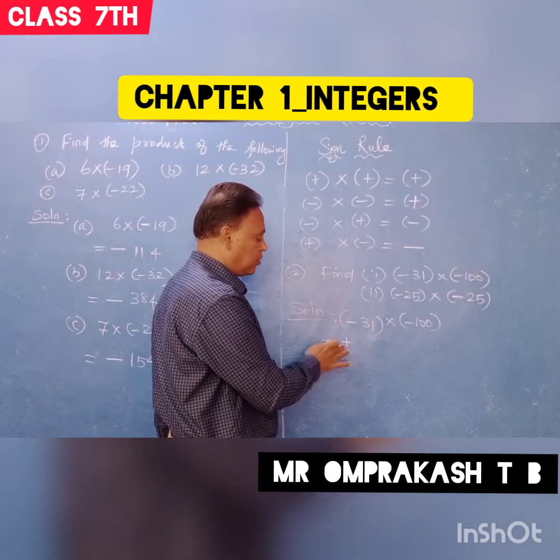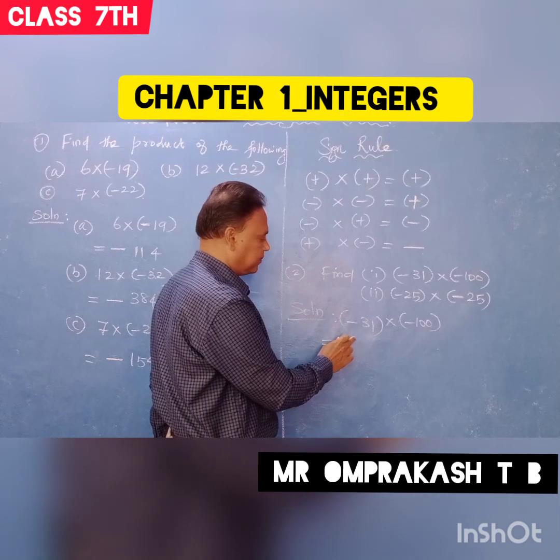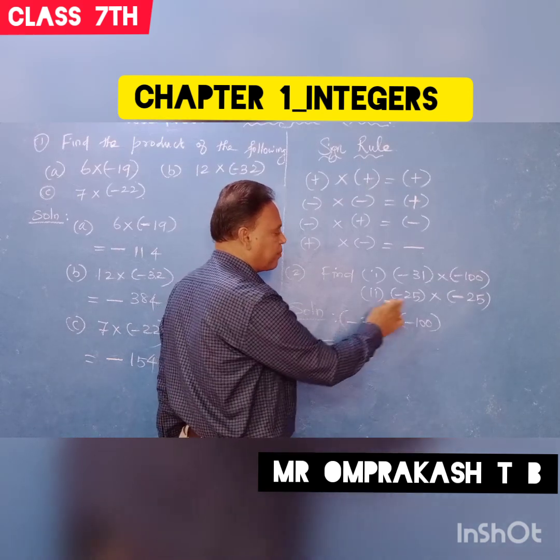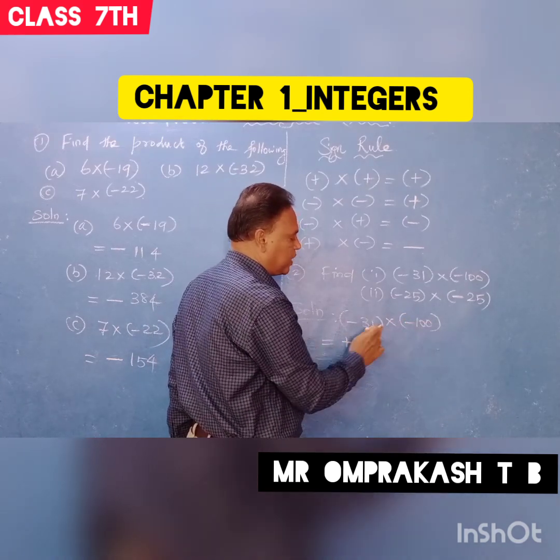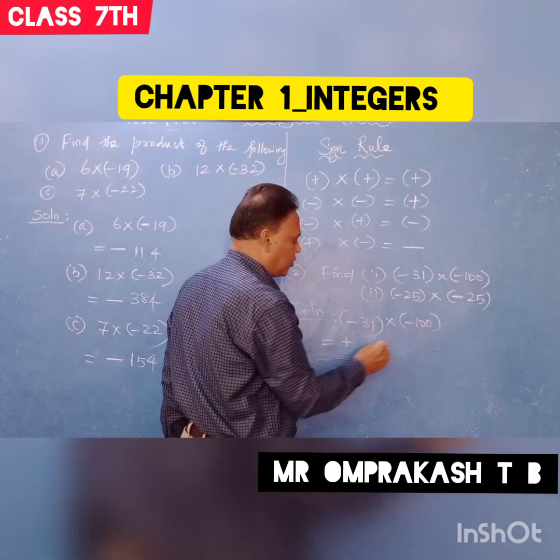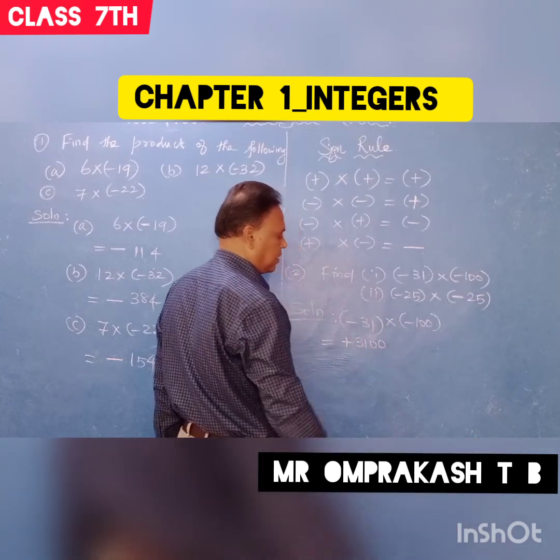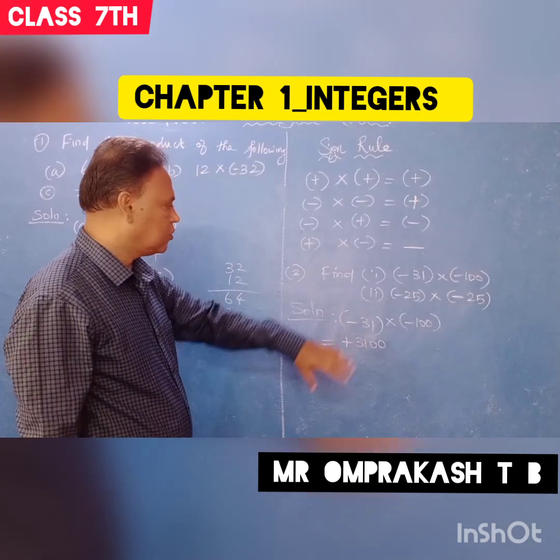You can write the plus or not, no problem. Clear? Now multiply the numbers. 100 is easy to multiply: write 31 and add two zeros.